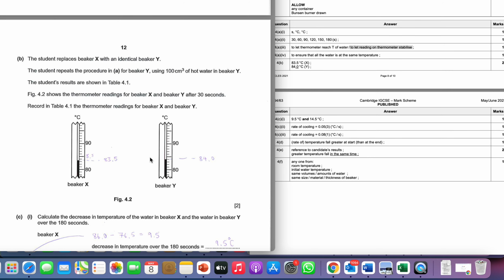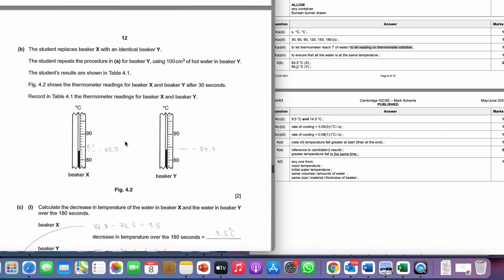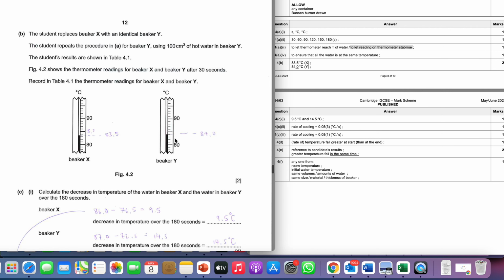All right, we are going to do our measurements here for beaker X and beaker Y, and these are the thermometer readings after 30 seconds. We're going to record them in the table. This is one of those situations where CIE allows us to make readings which are perhaps slightly controversial.